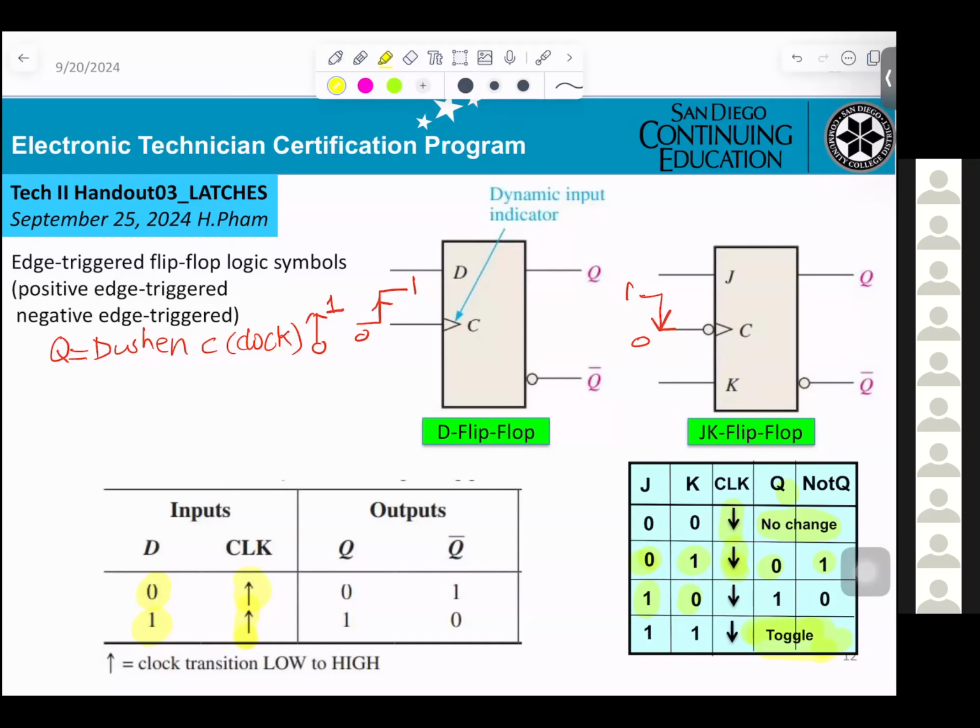What does that mean, toggle? Go from 1 to 0 or 0 to 1. Toggle, you go to the next state.